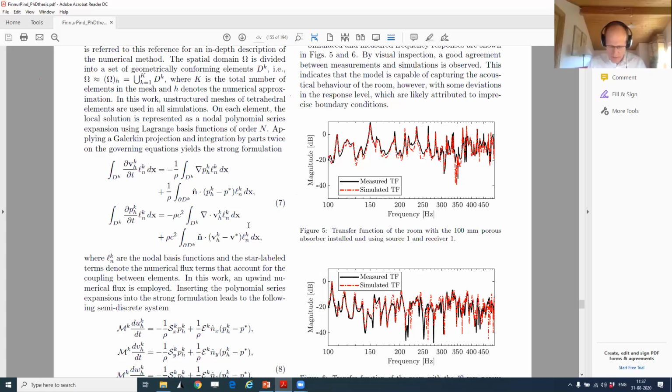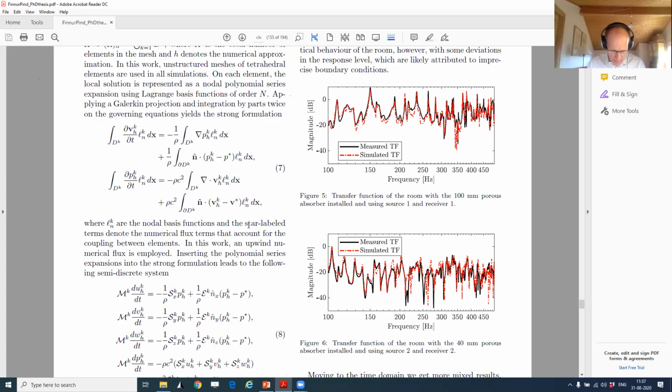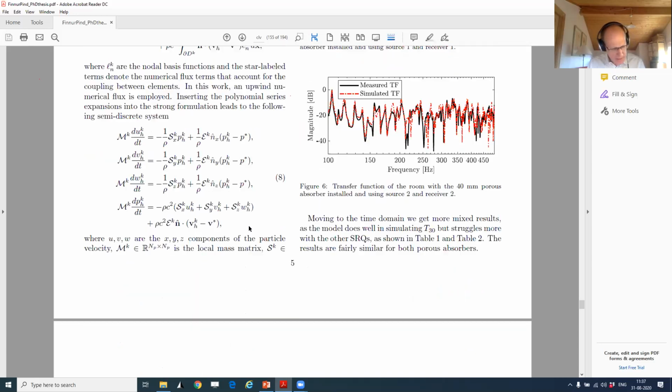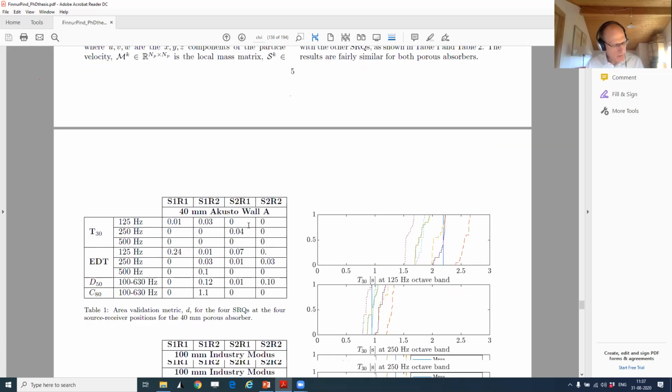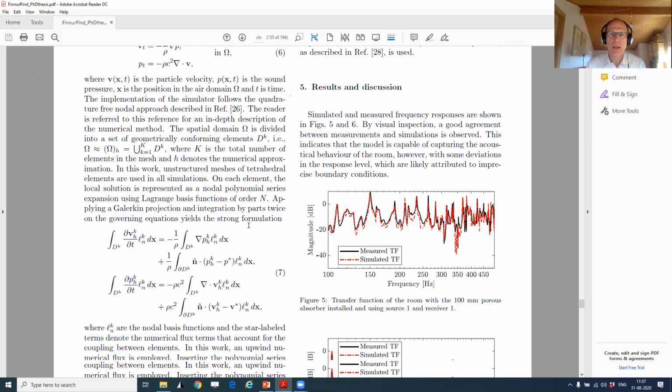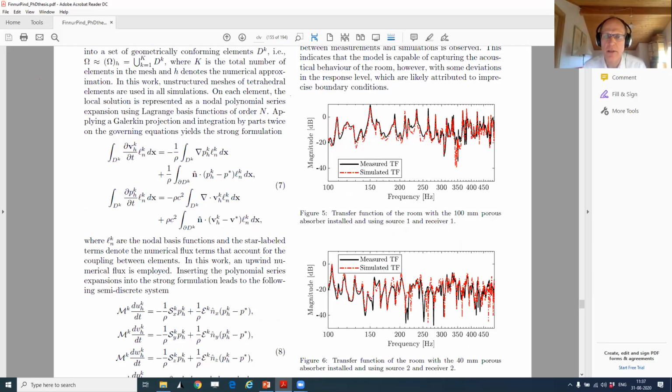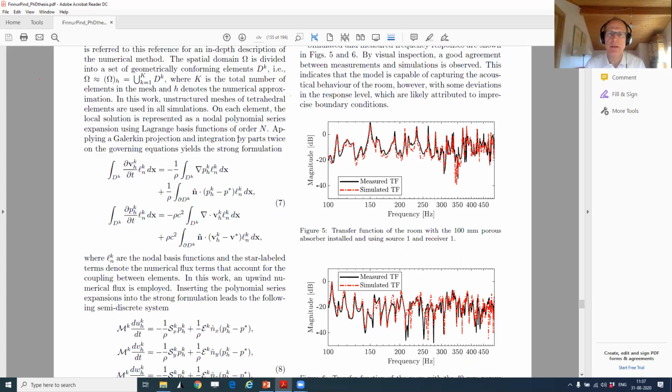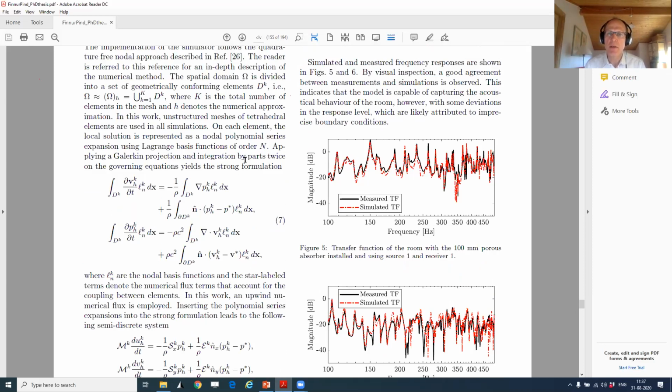Also, this paper is about using this special error analysis framework, and you have decided to look at the time domain parameters, T30, etc. But then it becomes a bit of a contrast if you go back to figure 5 and look at the text above it, which says, by visual inspection, a good agreement between measurements and simulations is observed.